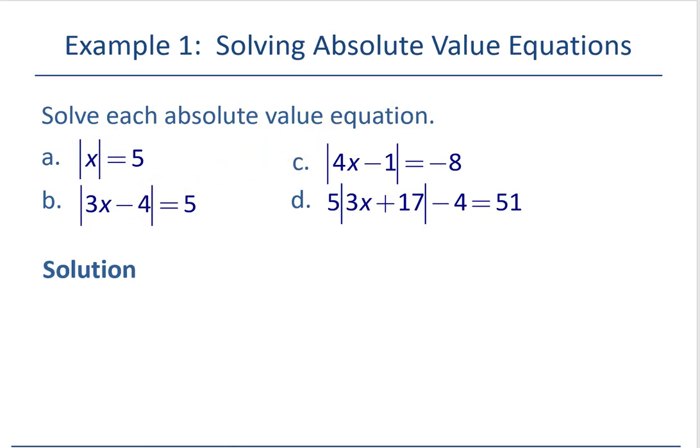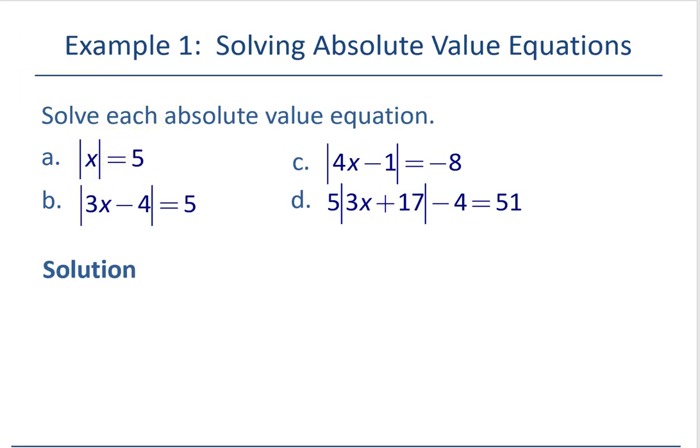For the first one, we have the absolute value of x is equal to 5. Let's remember, as our definition says, you will have two answers. Whenever you have the absolute value of x equal to 5, what could x possibly be? What would give me a distance of 5?